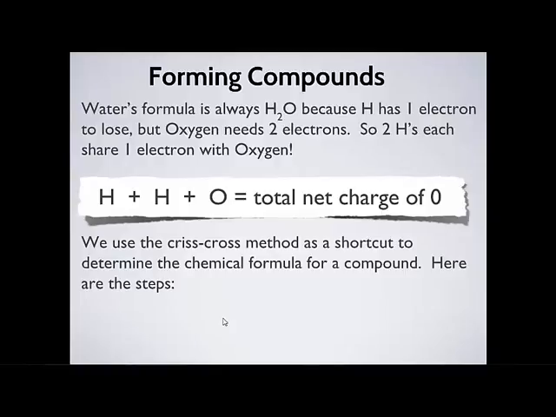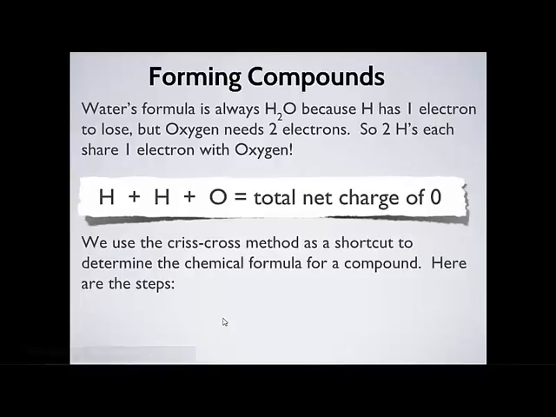We'll start with a simple example, water. We all know the formula for water is H2O. And we understand why two hydrogen bond with one oxygen, because the oxygen is missing two electrons. Each hydrogen has one extra electron, so two hydrogen can bond with an oxygen, and everything is happy.